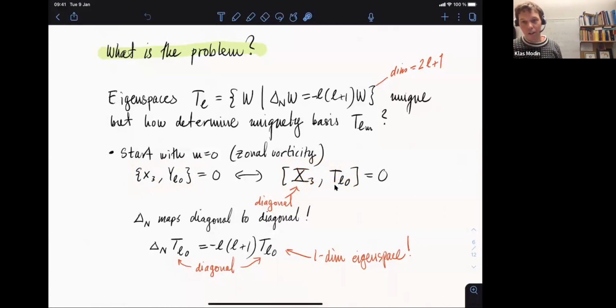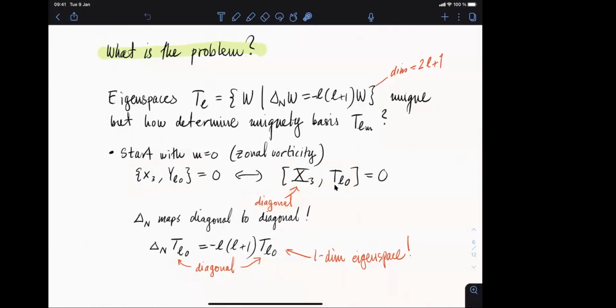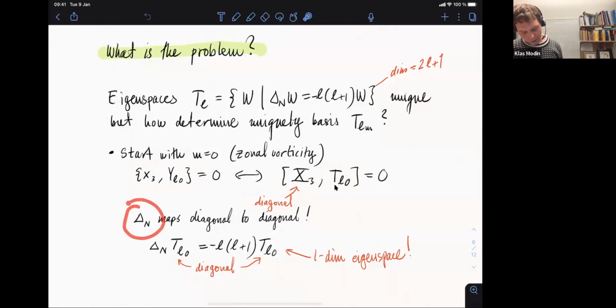And x3, Jens Hoppe gave us x3, so we know what it is. And in fact, it's diagonal, okay? And if you look at this construction here, you see that this quantized Laplacian maps diagonal matrices to diagonal matrices.